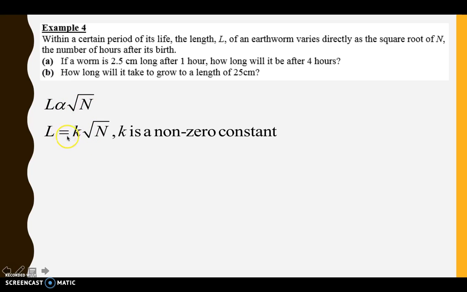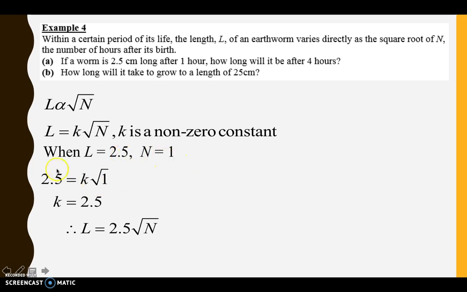So I have L equals K times the square root of n, where K is a non-zero constant once again. So let's take a look at part A. If a worm is 2.5 centimeters long after 1 hour, how long will it be after 4 hours? So these are the two corresponding values I know. So when L is 2.5, n is 1, substitute that in. I will get K equals 2.5. Therefore, I have L equals 2.5 times the square root of n.